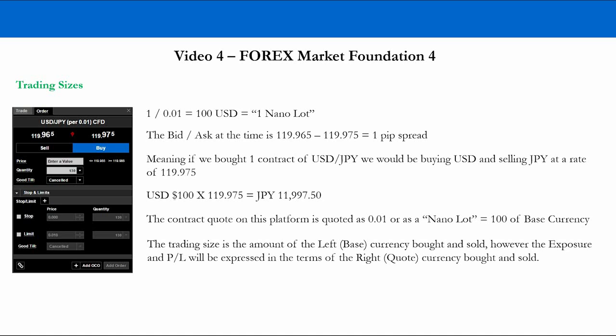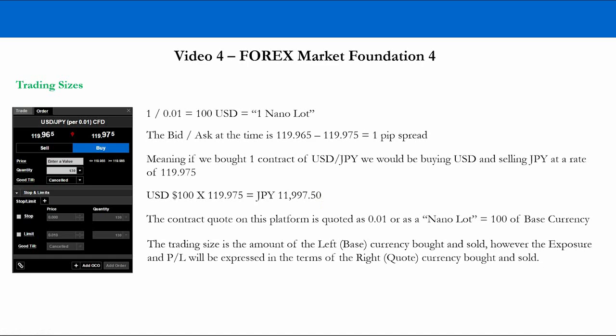So if we bought 1 contract of dollar yen, we'd be buying US dollars and selling yen at a rate of 119.975. So we buy at this price and sell at this price. And the exposure and P&L, as in the previous example, is going to be worked out in the right-hand side currency.